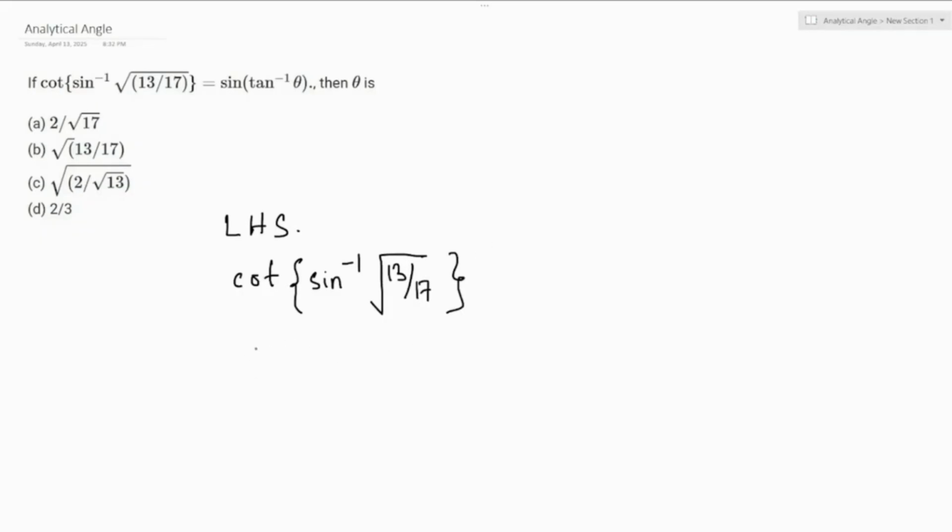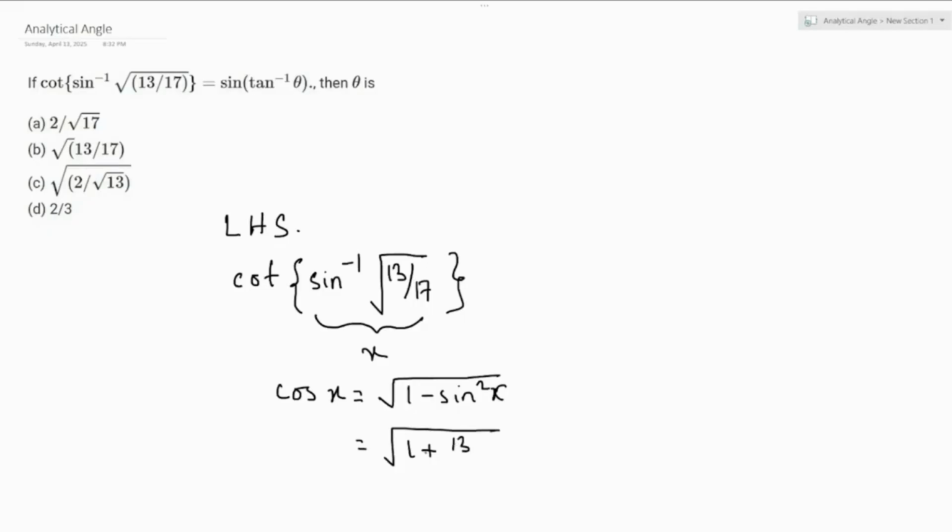We will take this part, sine inverse of root 13 by 17, as x, and we'll proceed as cos x equal to root of 1 minus sine square x. This is the formula that everyone must know, which will simplify to root over of 1 minus 13 by 17.